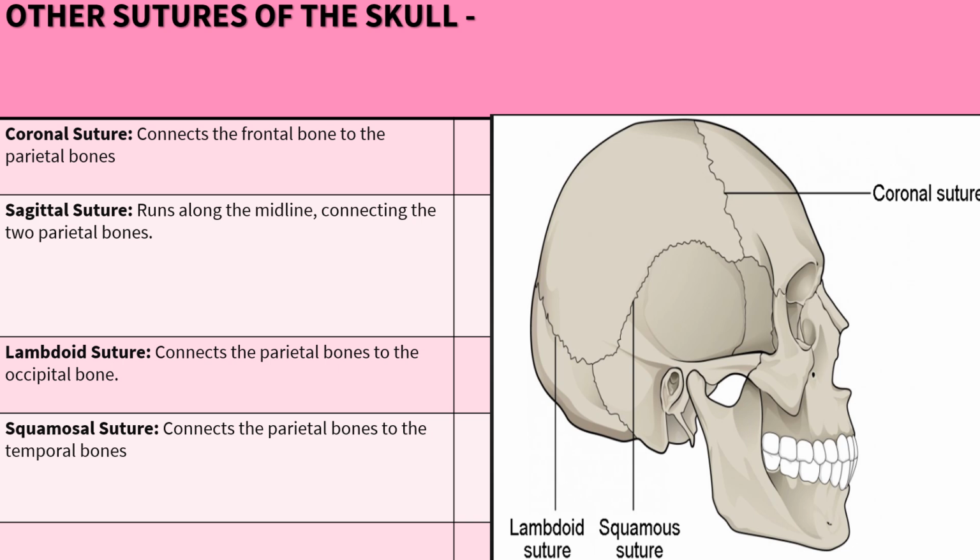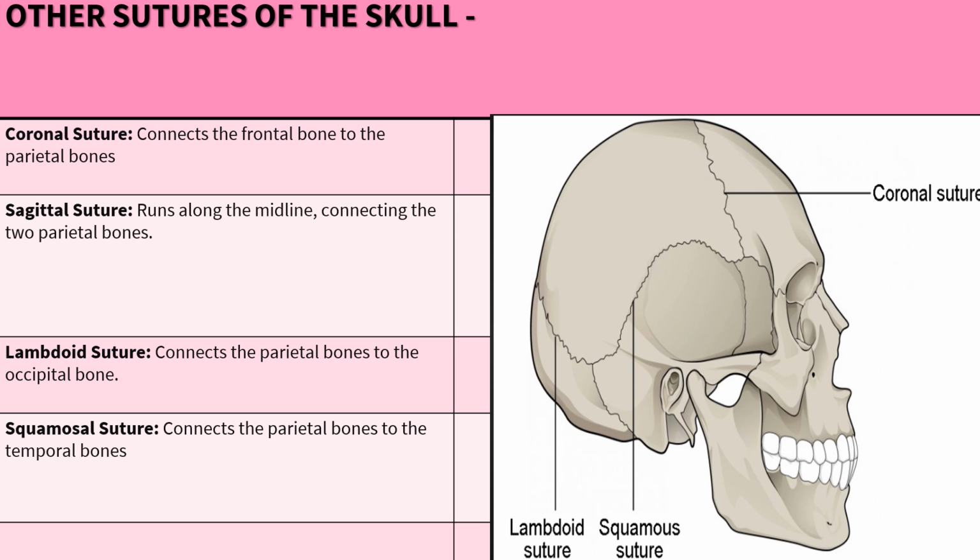Here are some other sutures of the skull, which is the coronal suture. If you can see from this front view, these sutures are fibrous. Let me do one thing. First, let me explain what a suture is. It would help you to recall the other topic that I have talked about earlier.